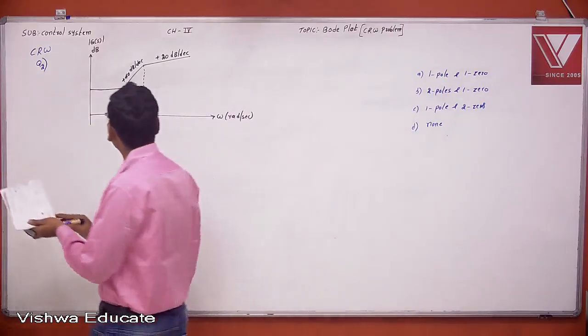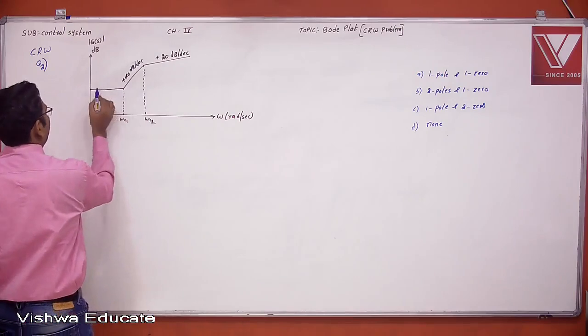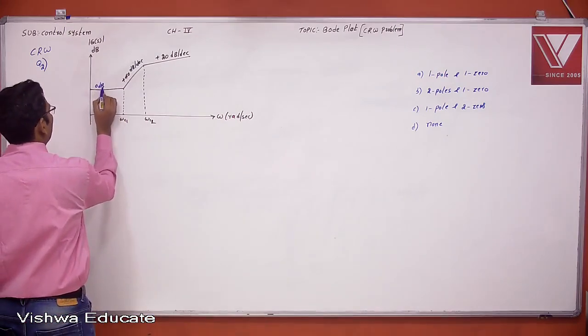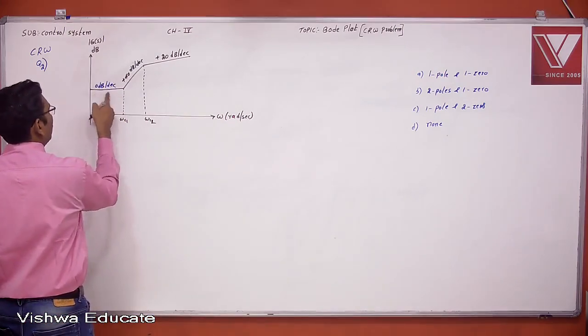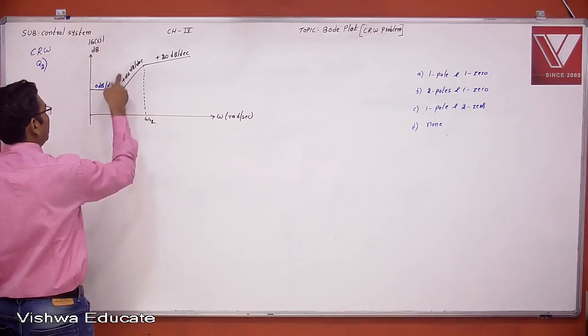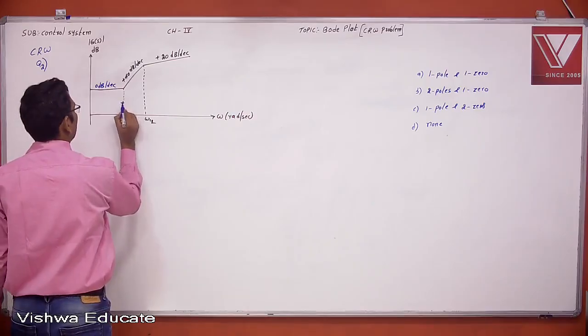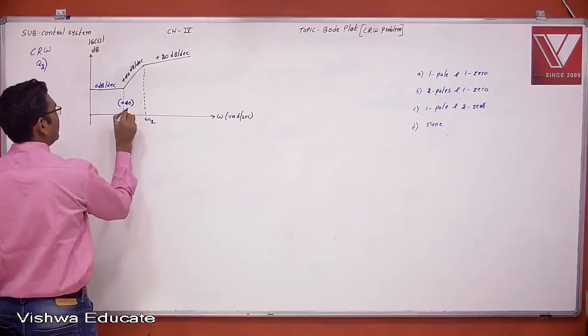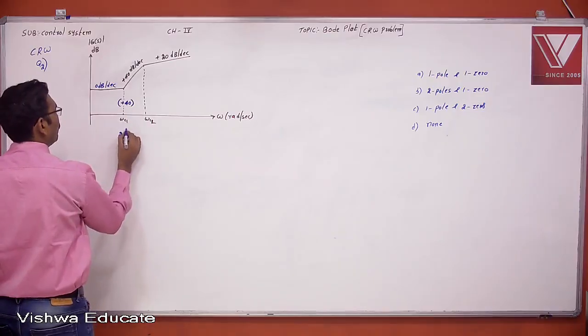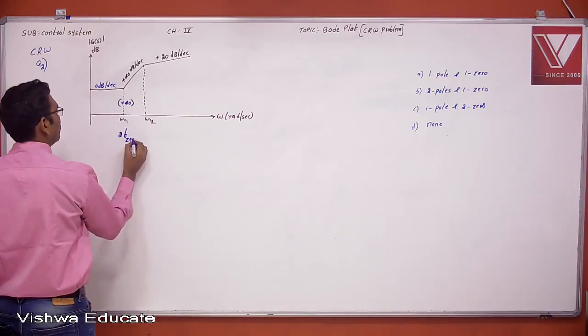Very simple question. Now the starting slope is 0 dB per decade. Now 0 will become plus 40, which means the added value is plus 40. Who will produce plus 40? The plus 40 is given by 2 finite zeros. Is it right or not?